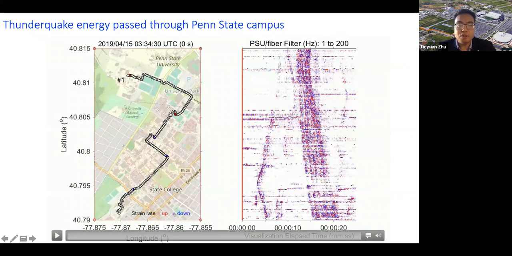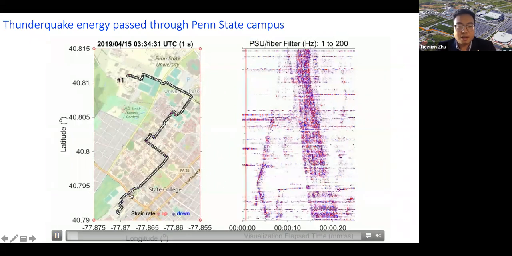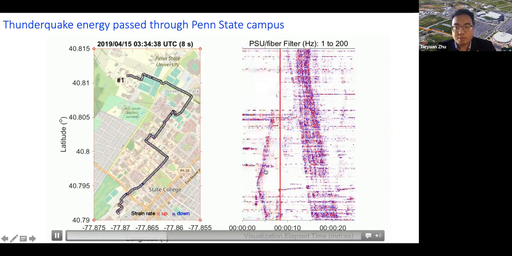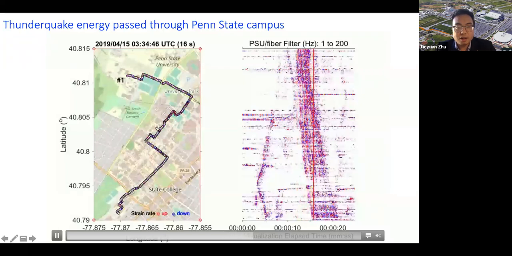For example, taking advantage of this dense array, we can see how the wave propagates across the array. You see this energy going up, going down; this represents the first event. For my second event, energy propagates from this side all the way down to the last sensor here. So this can help us understand heterogeneity in the near surface.